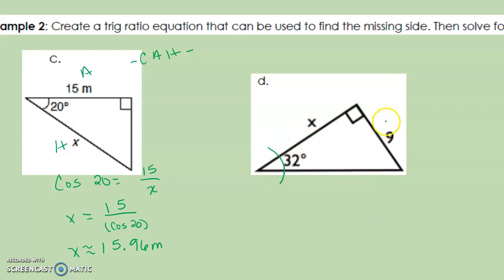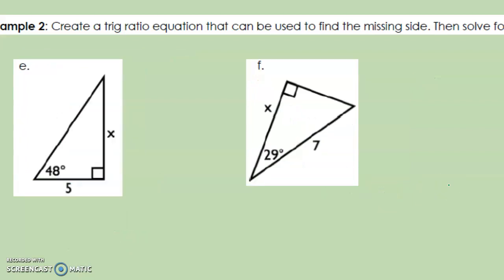Okay, we've just got some more examples here. Angle of interest. This is my opposite and my adjacent. So that's going to be TOA. So tan 32 equals opposite of 9 over adjacent of x. Set up and solve the exact same way. We're going to look at a couple more.